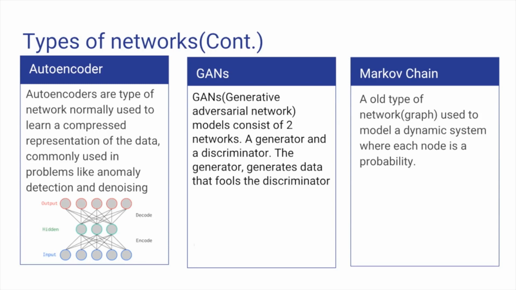I like to think of this in terms of sound waves, right? So we're essentially learning the sound wave, that representation, and if anything doesn't fit that sound wave, it's considered an anomaly. They also have quite a bit of other uses as well, things like dimensionality reduction, denoising, etc.